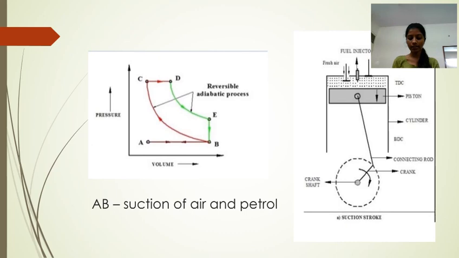TDC, the top dead center, is the position of an internal combustion engine's piston when it is at the very top of its stroke, and BDC, the bottom dead center, is the opposite, when the piston is at the very bottom of its stroke. In this graph, AB is known as the suction of air, and it is plotted in the graph and named A and B.